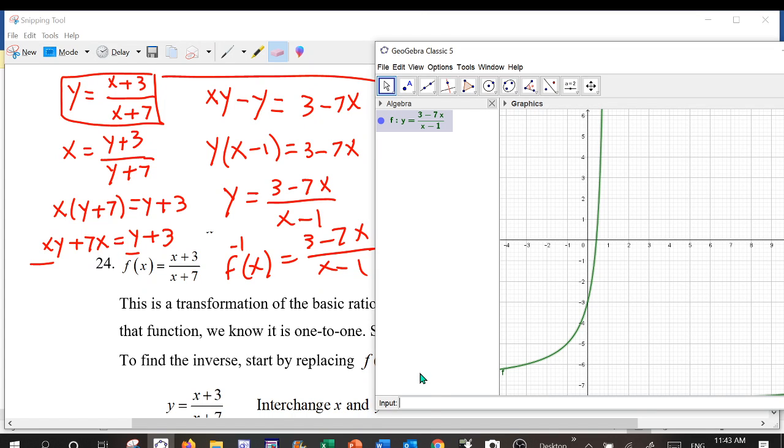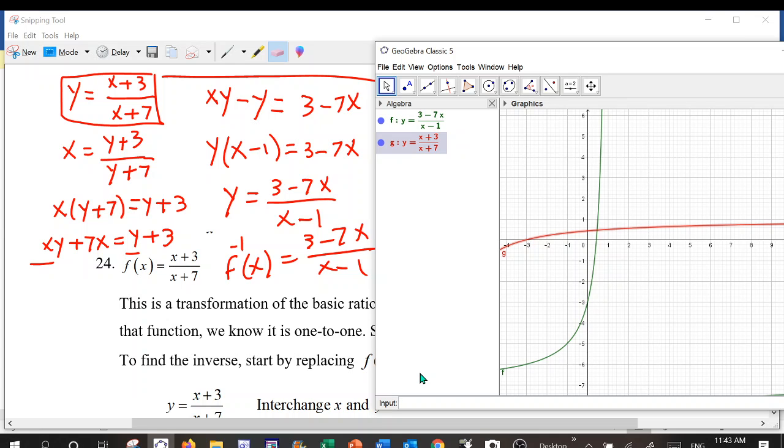And the function is y equals x plus 3 in the first parentheses, divided by another parentheses, x plus 7.